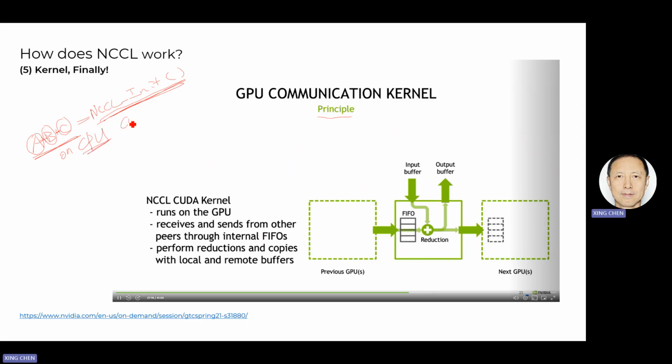Now we pass to the communication part, and this is going to be executed on the GPU because this is a CUDA kernel, a kernel function call. Kernel means that it's going to be executed by the GPU.